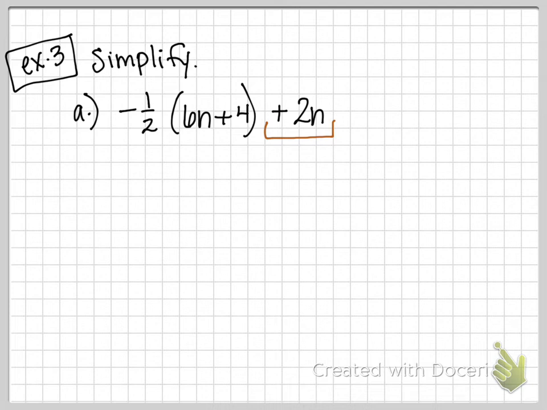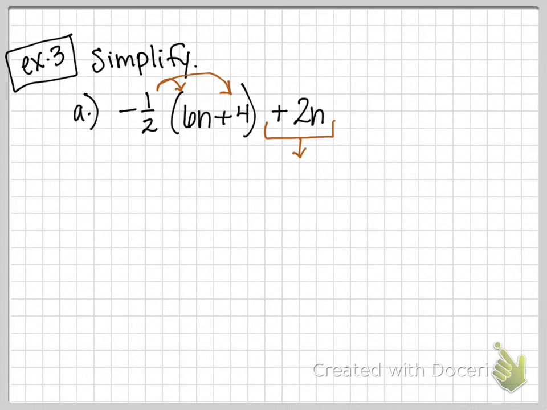That is not something that we would distribute to because it's not in the parentheses. It's a term that's going to end up getting combined later. Our first step is to do what? Distribute. Our first step is to distribute the negative 1/2 into both of those terms. And then we'll just bring down that plus 2n in order to combine like terms.